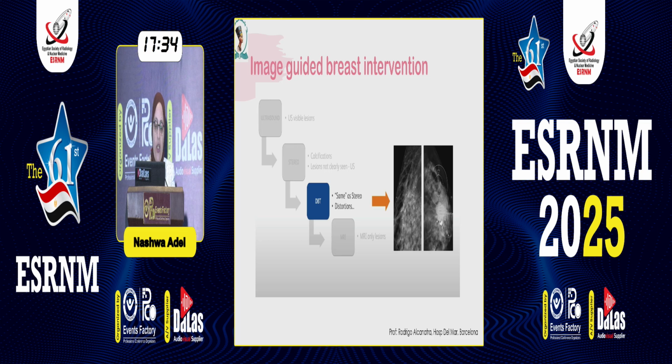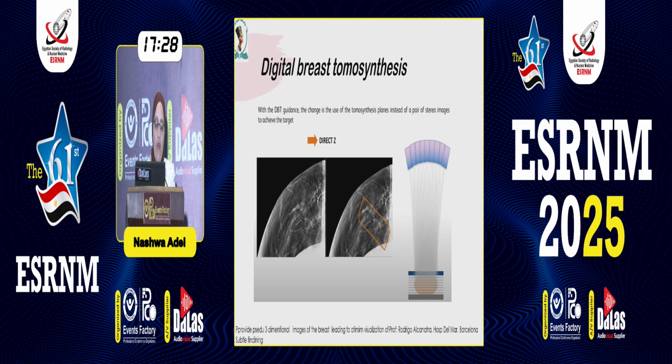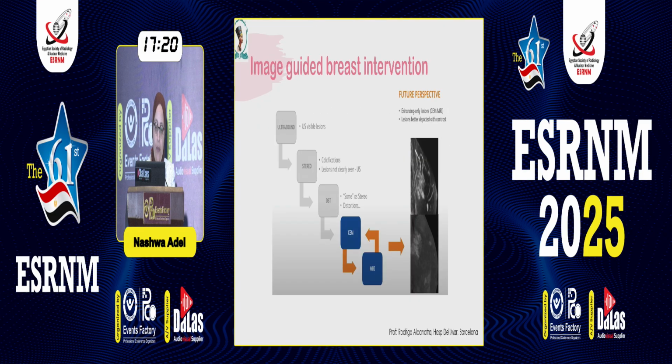DBT, or digital breast tomosynthesis, is the same as stereotactic, but moreover, it provides a pseudo three-dimensional image of the breast, leading to optimum visualization of subtle lesions. And functional imaging, which includes contrast-enhanced mammography and MRI, allows biopsy for enhancing-only lesions, which are better detected with contrast.